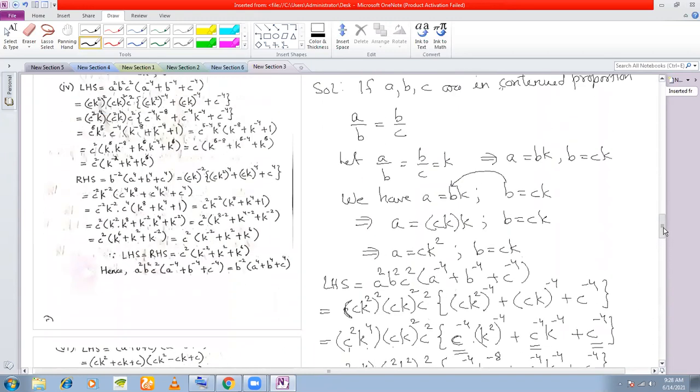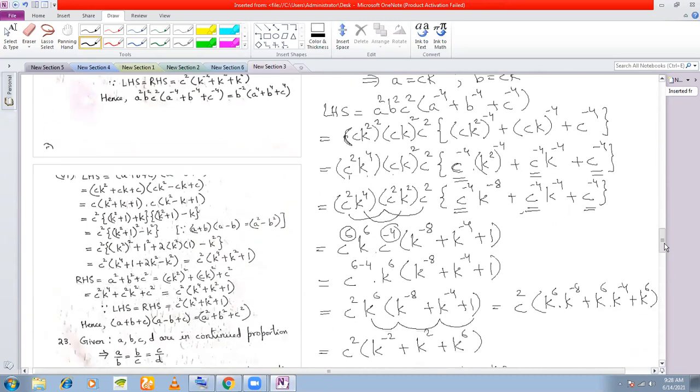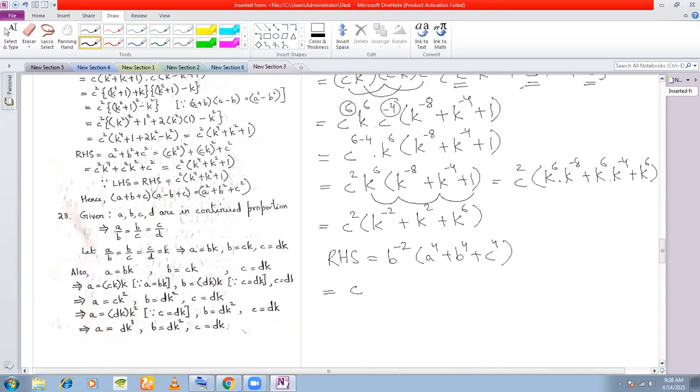What are the values that we have got here? We have got a is equal to ck square, b is equal to ck. So put b is equal to ck, okay, and a is equal to ck square. So (ck square) to the power of 4 plus b here is ck, plus c to the power of 4.